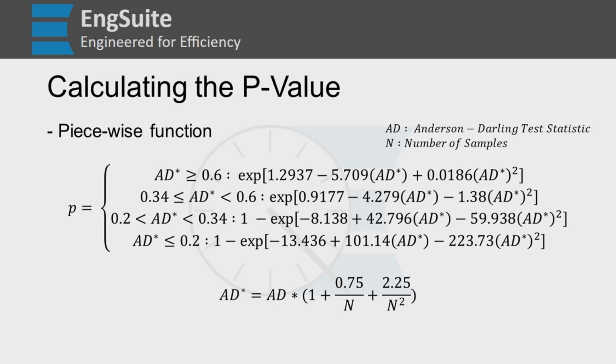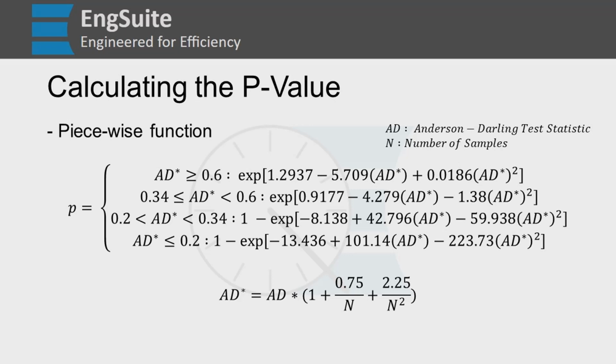Okay, so let's go back up. We have our AD star. Now we can plug this into the piecewise function. If the AD star is greater than or equal to 0.6, we use that top function, plugging in the AD star in each of those sections. If the AD star is greater than or equal to 0.34, but less than 0.6, then we use the second function here, again replacing our value for AD star.